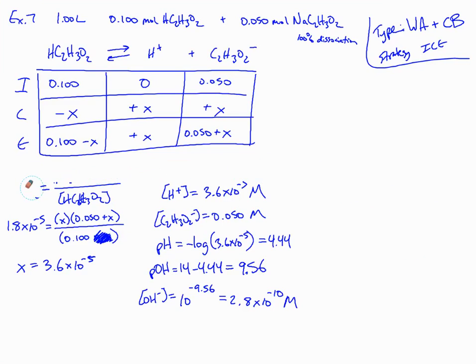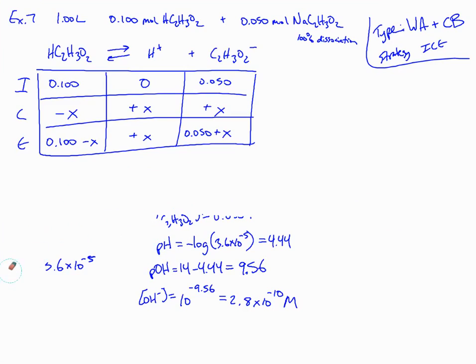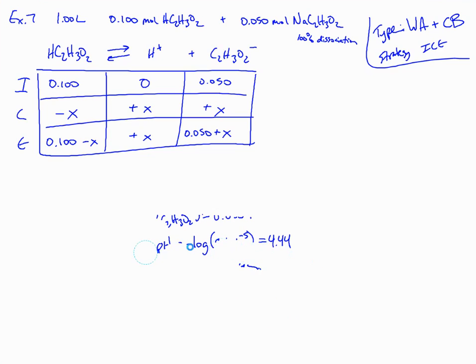There is a second method that you can use when looking for the pH of a solution made by combining a weak acid with its salt. And this is what's known as a buffer solution, something that we're going to get into more.